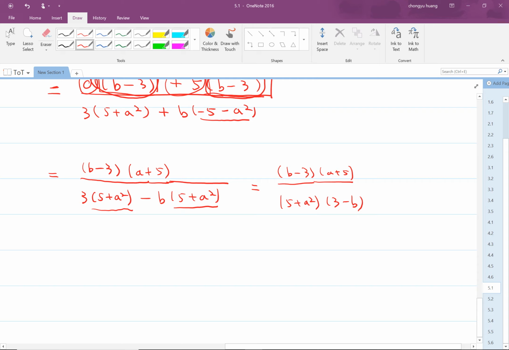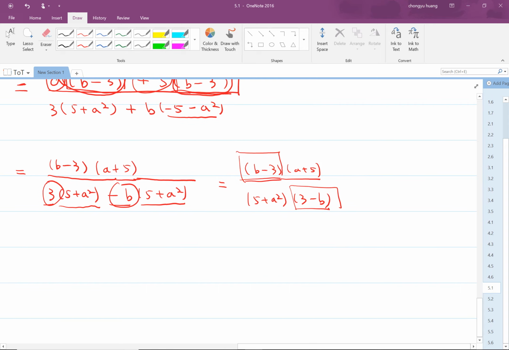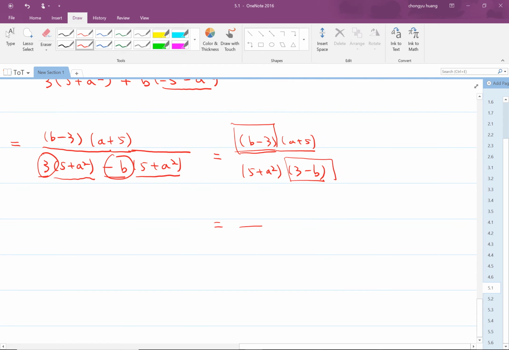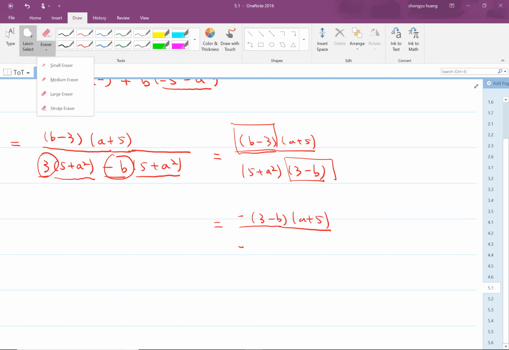You just write down 3 minus b because we have the same greatest common factor, GCF. Now you can see that over here we have b minus 3, and over here we have 3 minus b, so we have to reverse it, adding in a negative: negative 3 minus b times a plus 5. Then we write 5 plus a squared times 3 minus b.